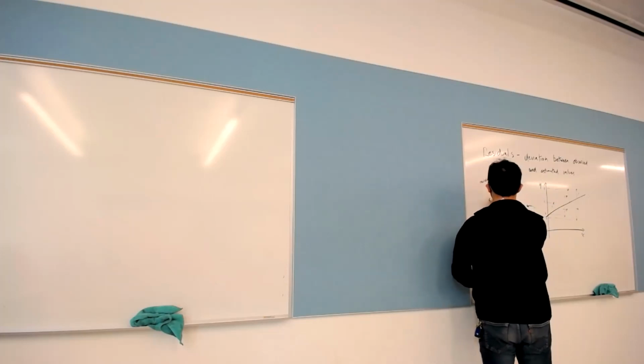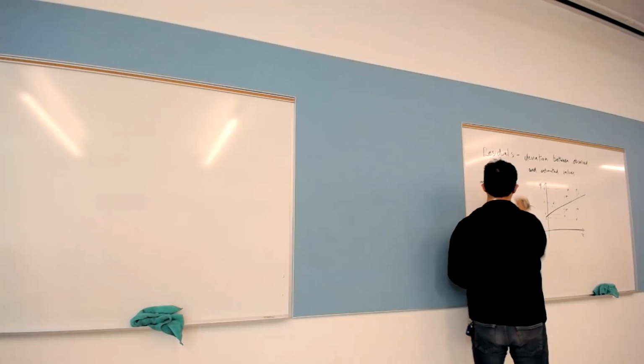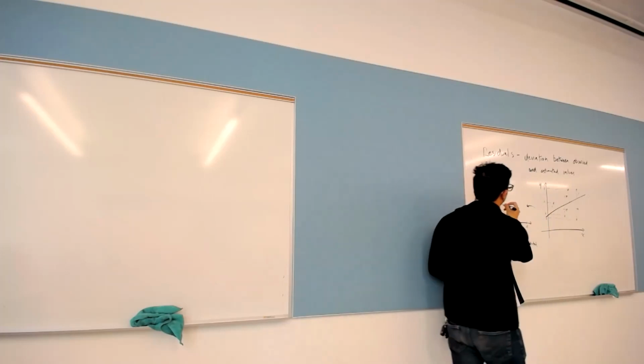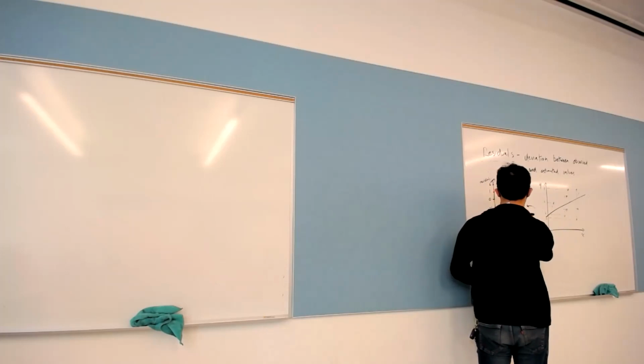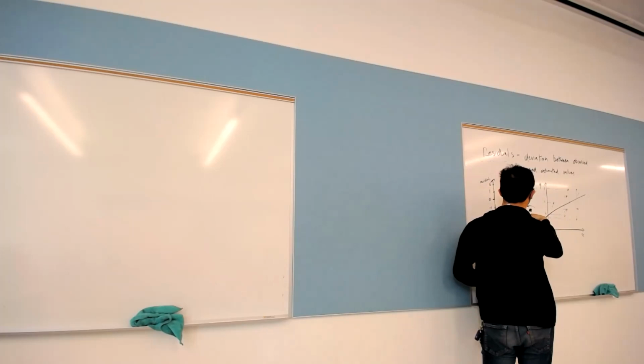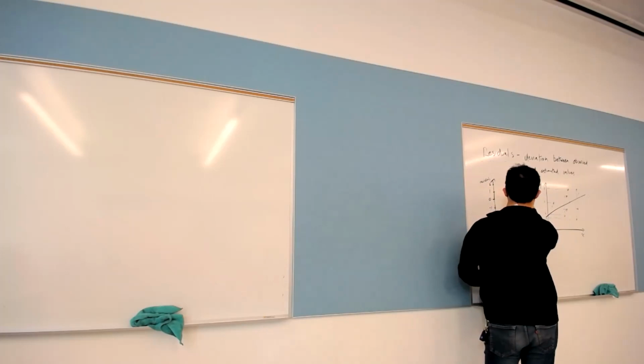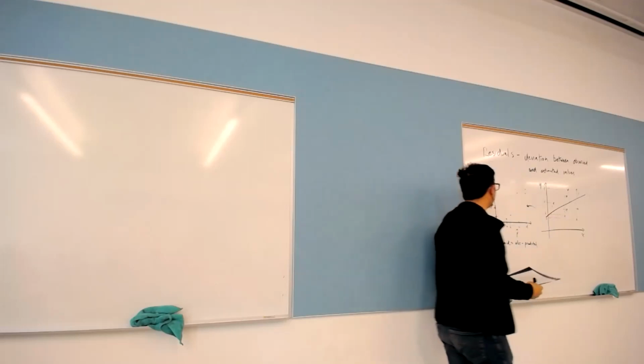So let's do 0, -1, -2, +1, +2. Sorry about that. So A is at -2, B is at -1.5, C is at 1, and D is at 1.5 and 1. So it looks something like this.